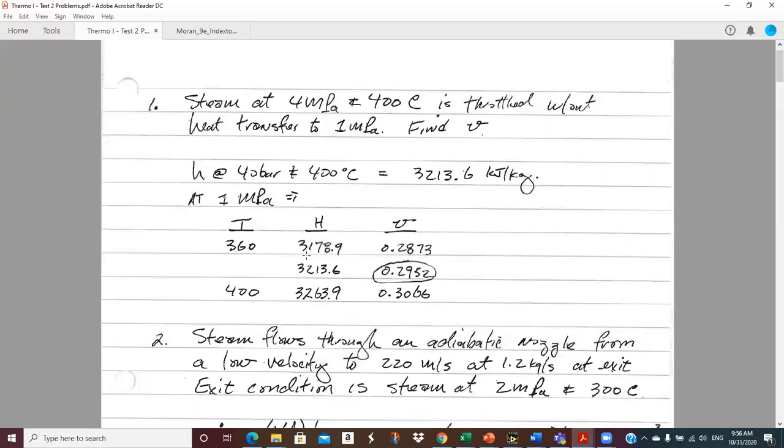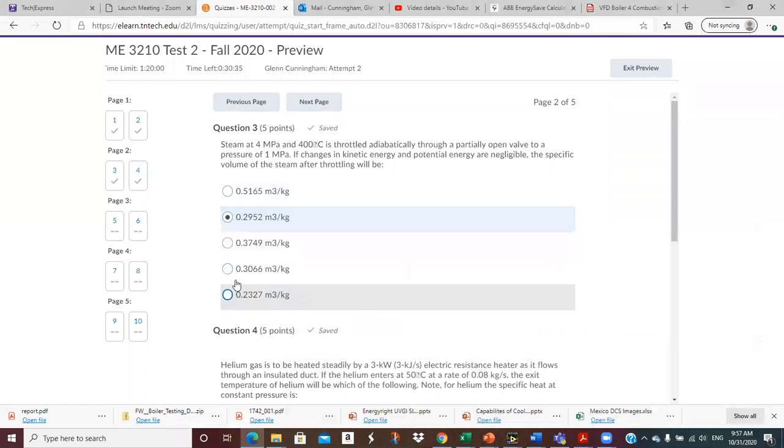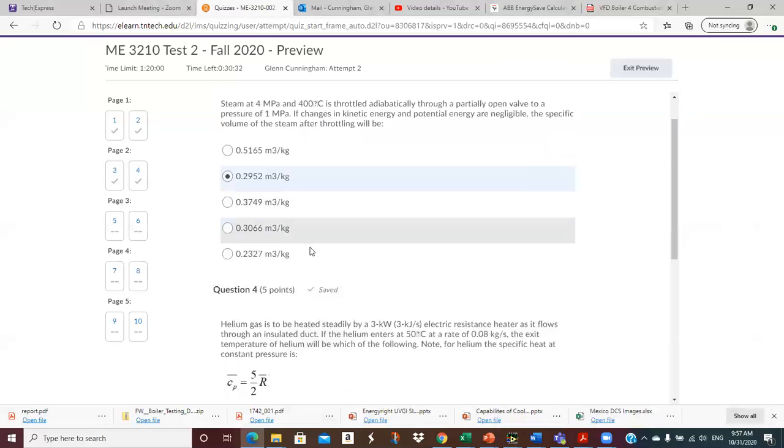So I know my enthalpy at 1 MPa is going to be 3213, and then at 432. So I do the interpolation of the specific volume up here at 360, 0.2873, at 400 is 0.3066. Then I interpolate and determine my specific volume is 0.2952.